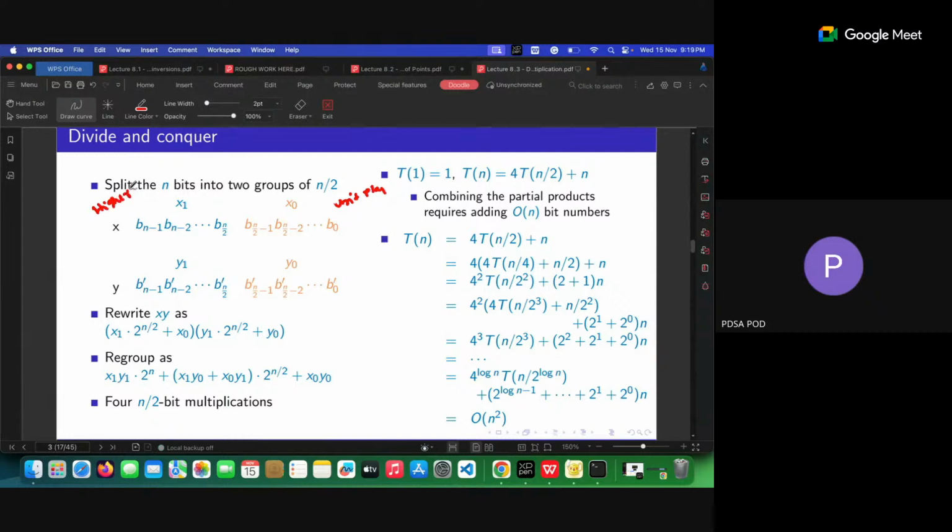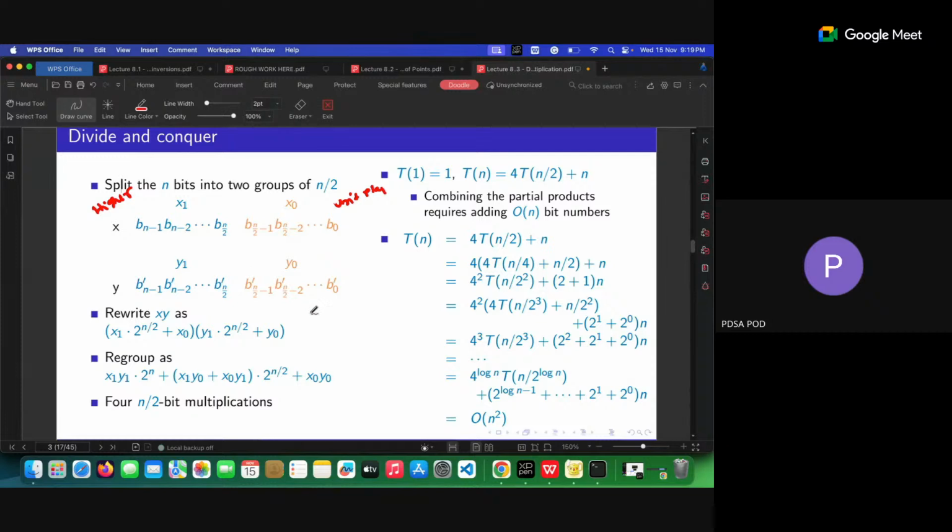If it is a 2-bit value, the unit place is here and tens is here. If it is a 3-bit value, the unit place is here and the 100 place is here. So the left part has the higher bits, from n minus 1 to n by 2, and this is called the unit place.